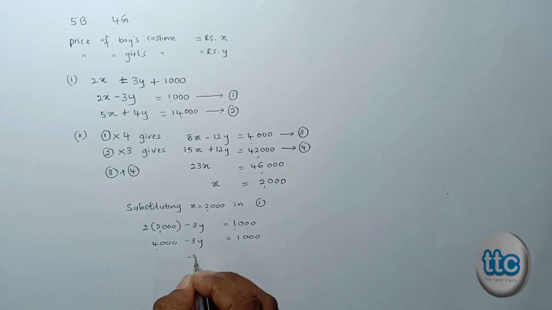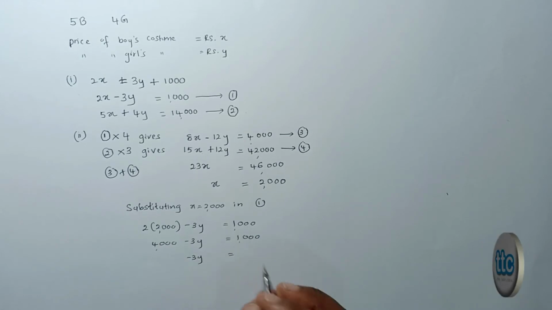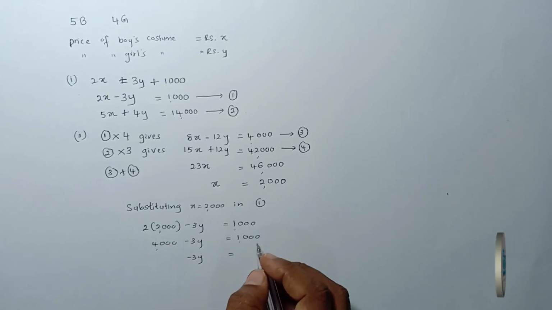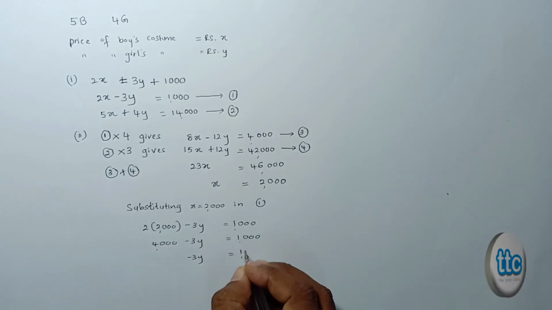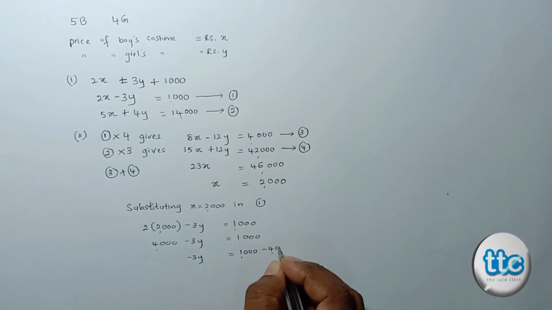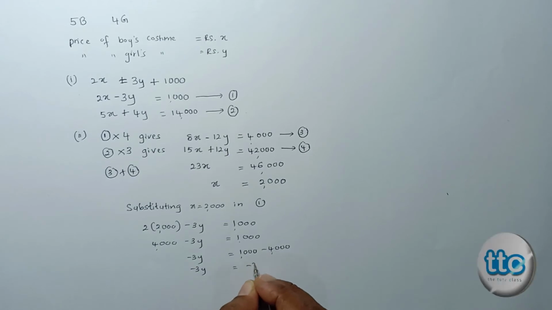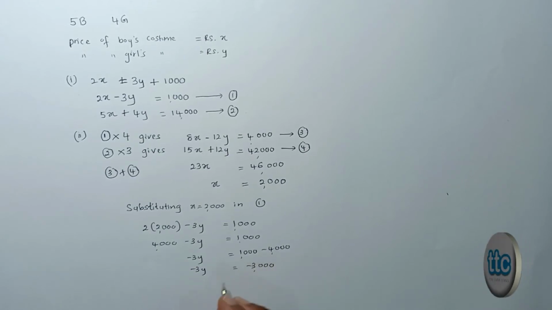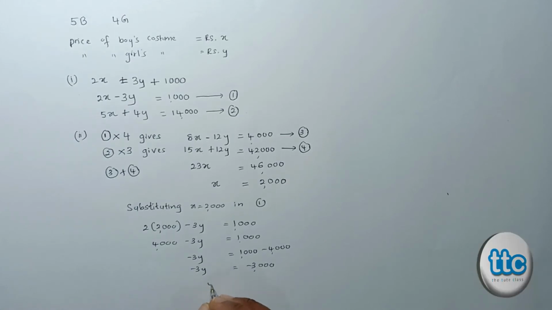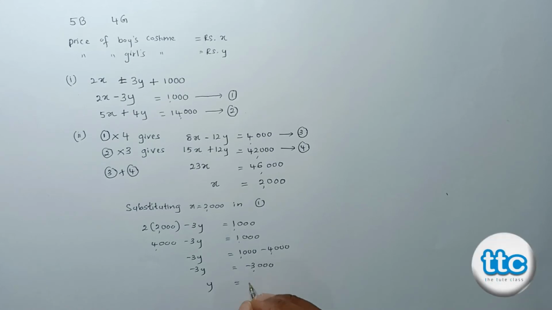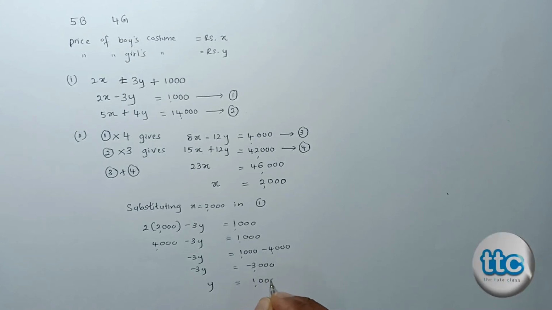Then keep minus 3y here and take this 4000 across as minus 4000. 1000 minus 4000, so minus 3y equals minus 3000. To find y, you have to divide both sides by minus 3. Minus 3y divided by minus 3 equals y. Minus 3000 divided by minus 3 equals 1000.